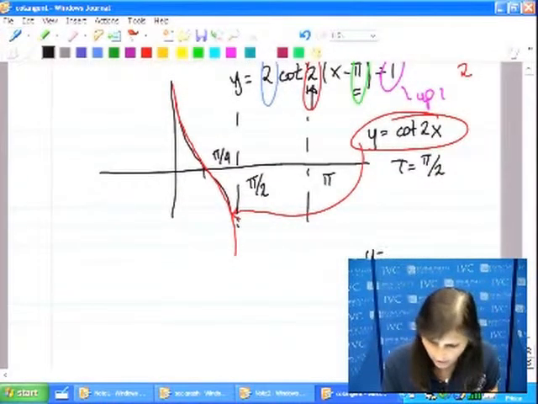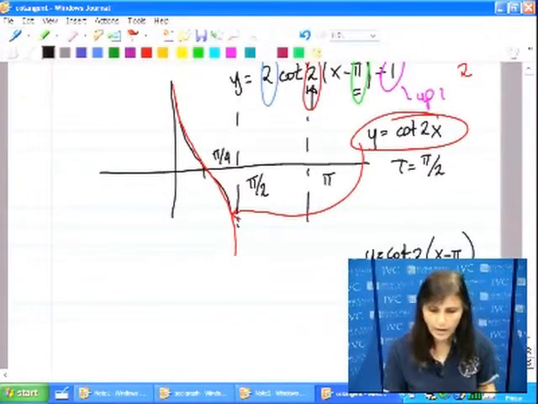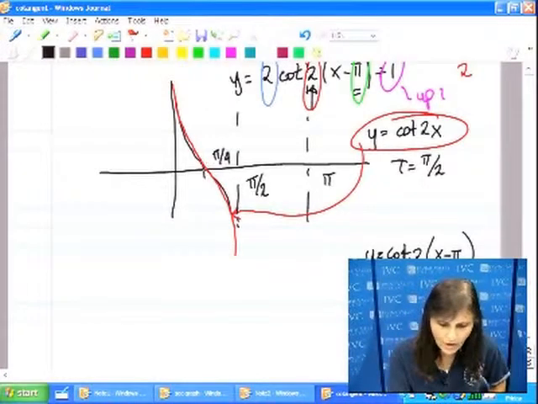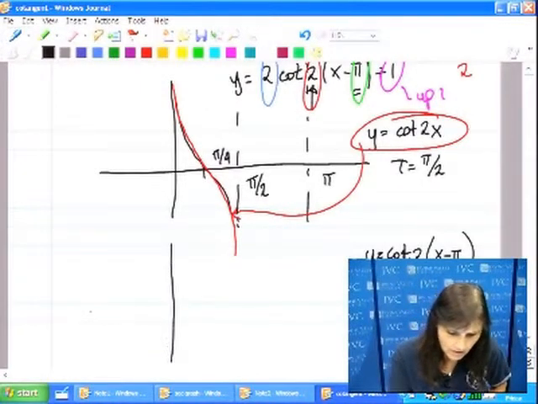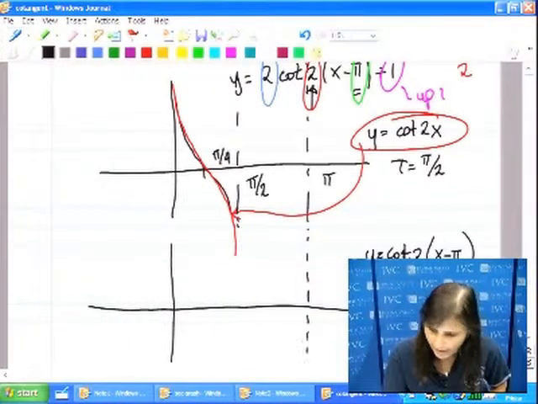Alright, now let's do something else. Let's look at cotangent of (2x minus pi). What will that do? It's going to take this red thing and move it to pi.